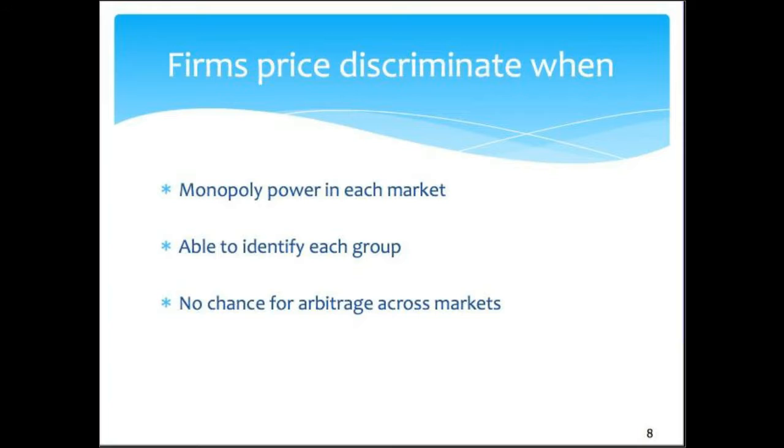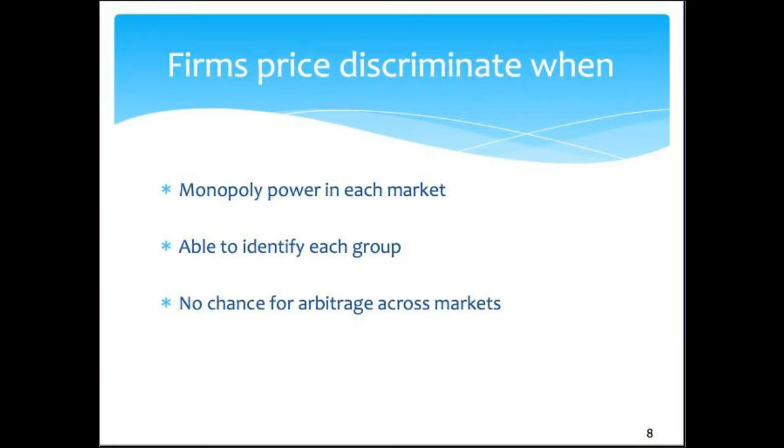There are people, maybe some of you in the class yourselves, who are constantly looking for little frictions in the market like that, and would immediately start, shall we say, buy low, sell high. So you've got to be able to prevent that from happening. Otherwise, the people that buy at the low price will always be able to resell to people willing to pay a higher price, and eventually that's not going to be sustainable. You're going to have to start charging the same price to everybody.